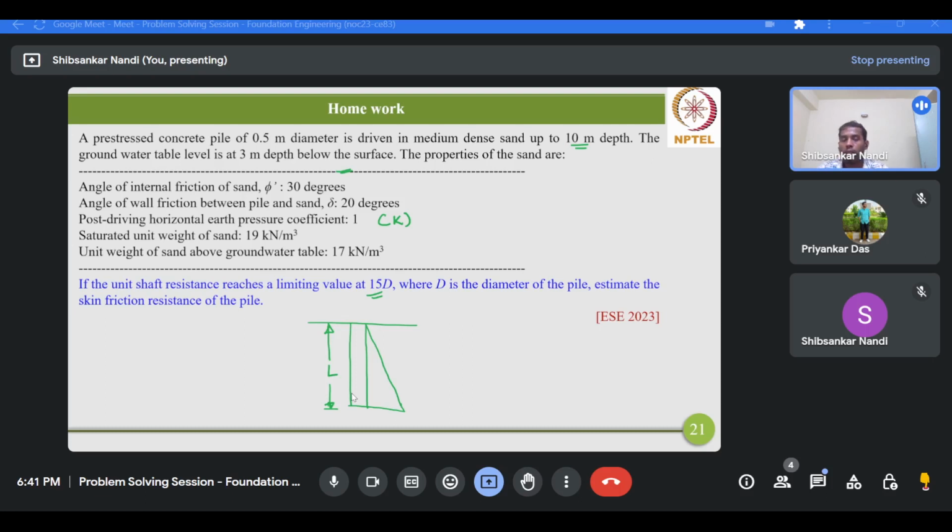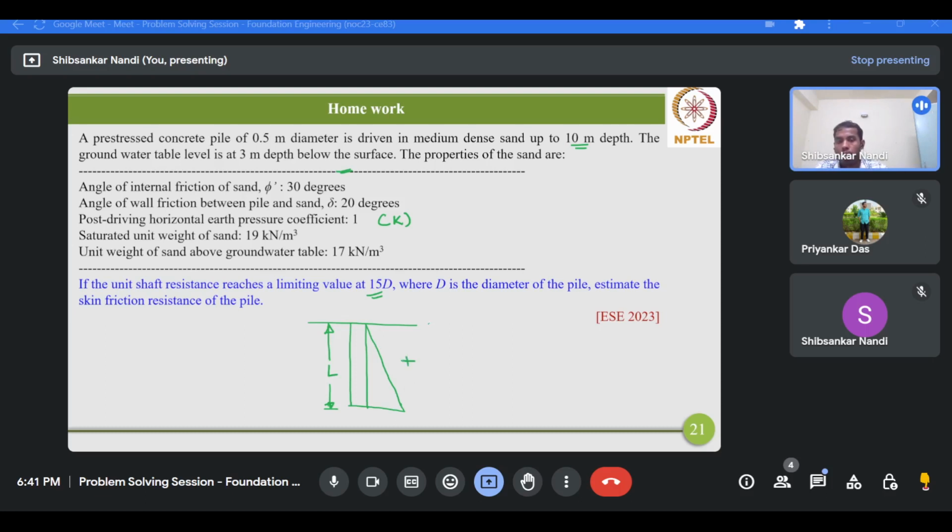Now, in the earlier problems, problem 3 and problem 4, we considered this effective vertical stress distribution from the ground surface to the pile tip as a full magnitude, meaning what we are getting from this distribution, we are taking this value directly.